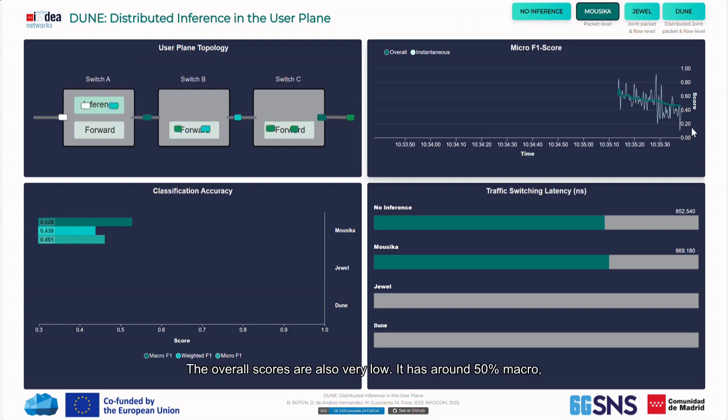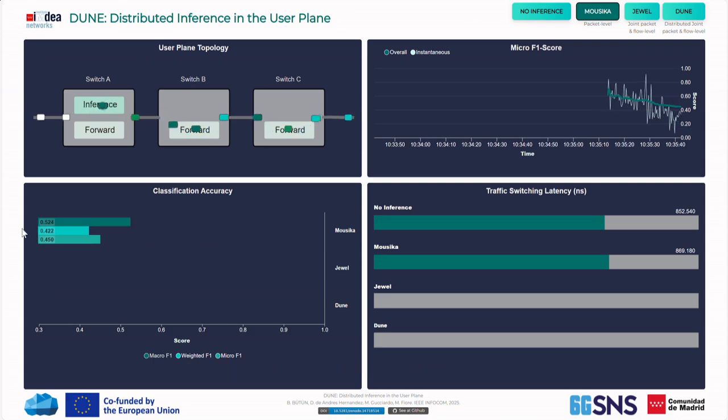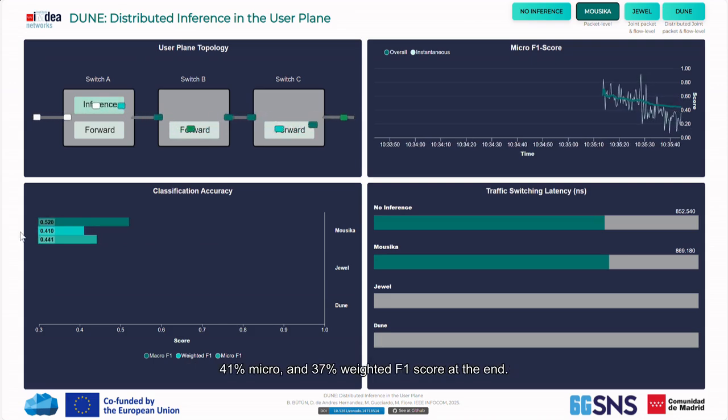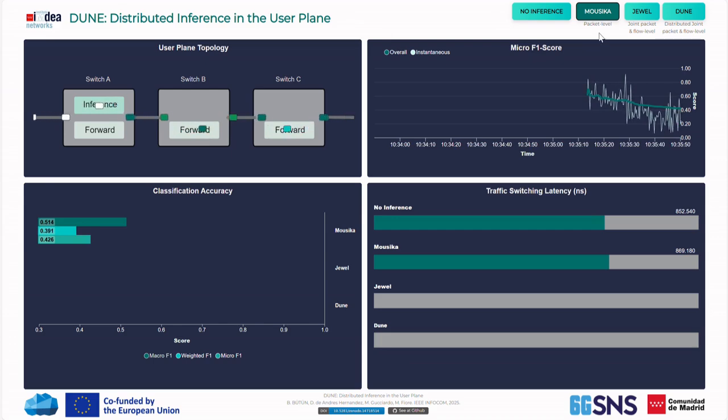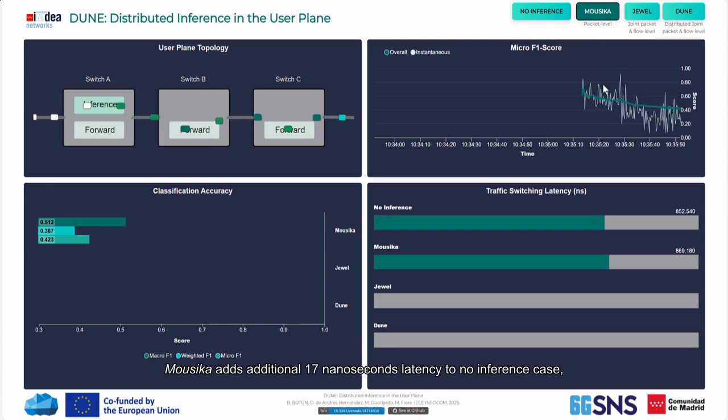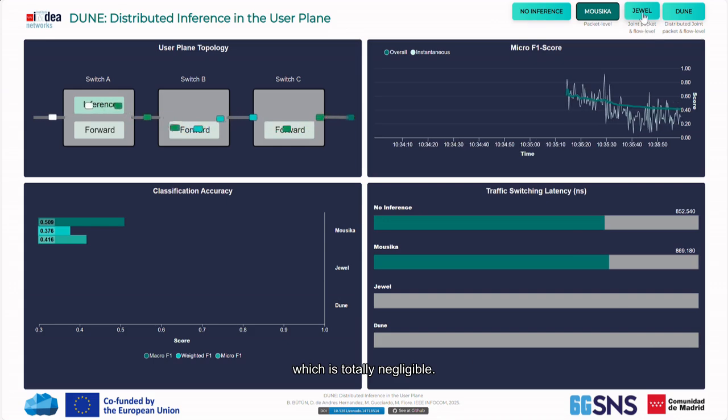The overall scores are also very low. It has around 50% macro, 41% micro, and 37% weighted F1 score at the end. Musica adds an additional 17 nanoseconds latency to the no inference case, which is totally negligible.